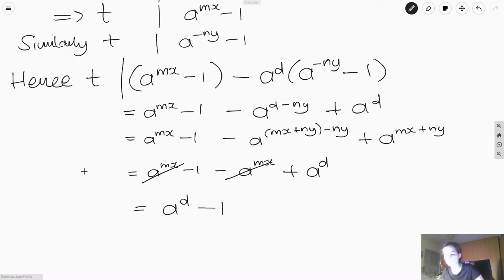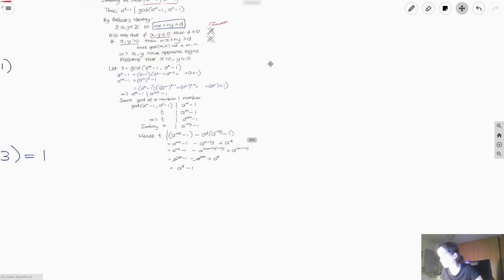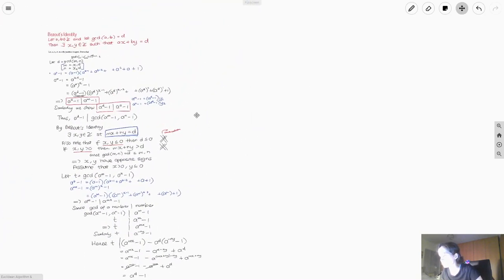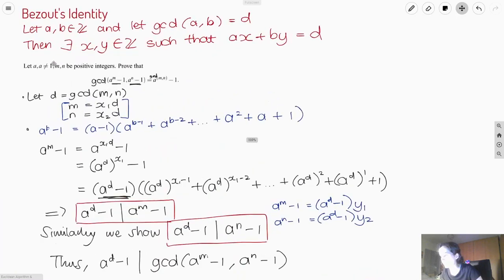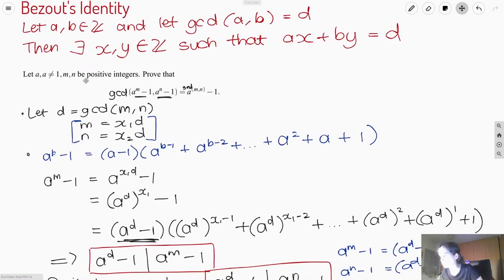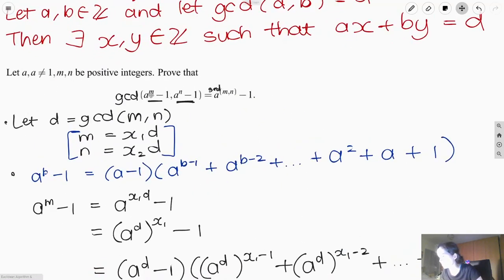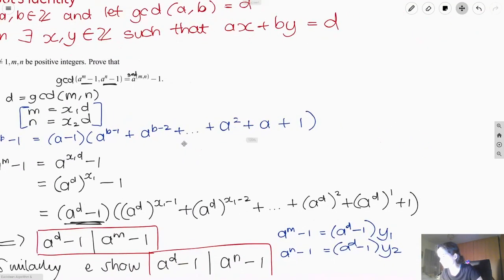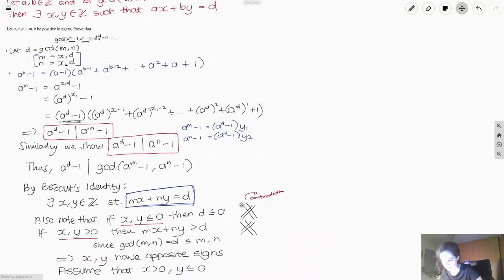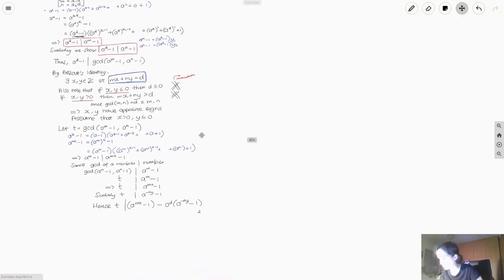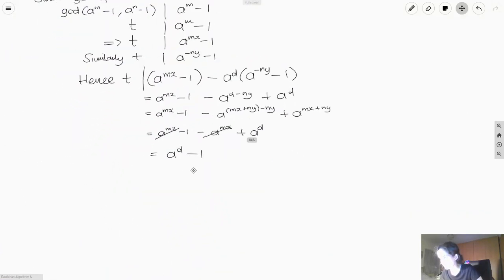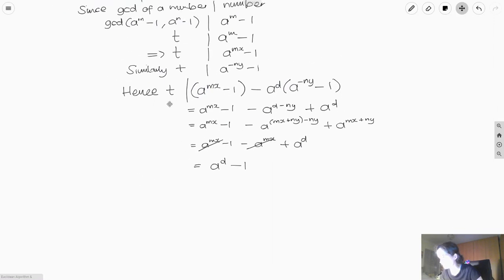So let's look at what the original question asked for. We wanted to prove, let m and n be positive integers, that the GCD of a^m minus 1 and a^n minus 1 is going to equal a^(GCD(m,n)) minus 1. So what we now have is that t divides a^d minus 1.